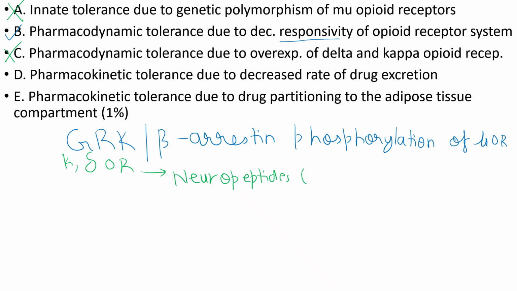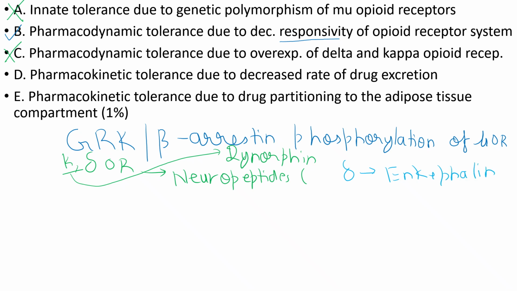Kappa binds to dynorphin and delta receptor binds to enkephalin to mediate analgesia. Like mu receptors, they are also downregulated by chronic opioid administration, contributing further to acquired pharmacodynamic tolerance.